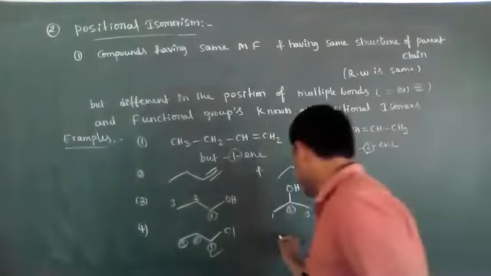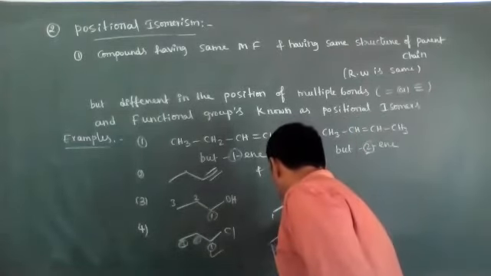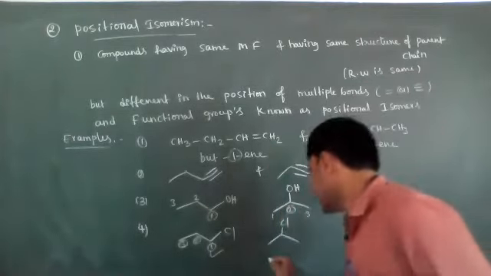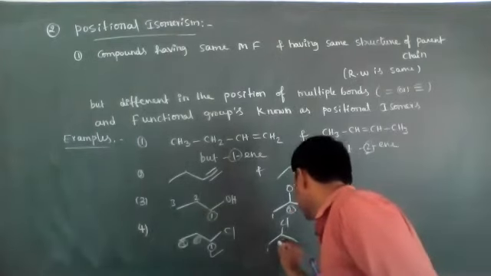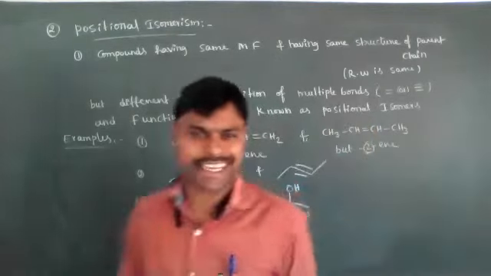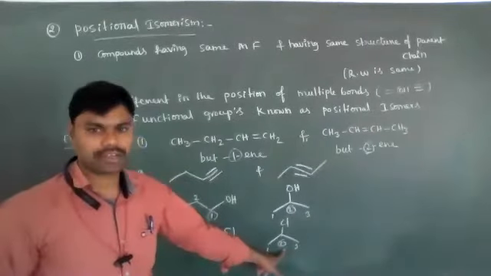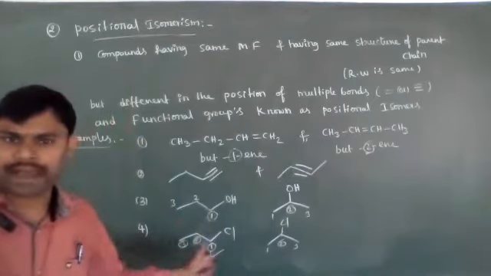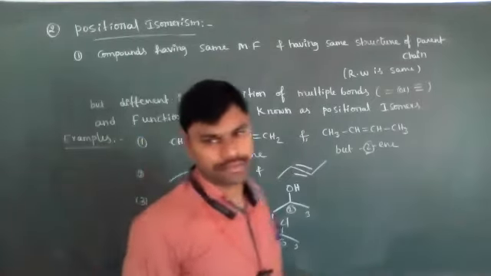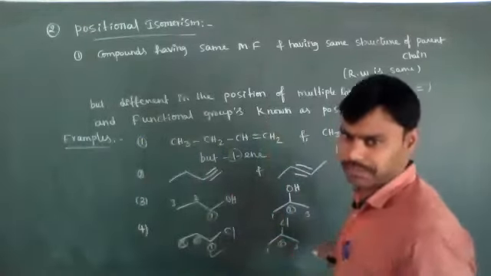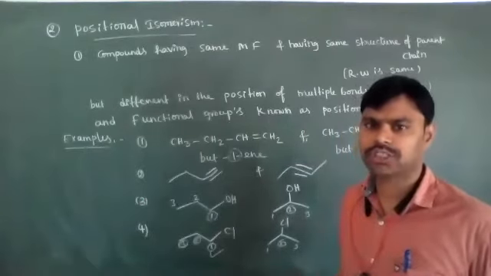Now in the same molecular formula, the halogen is attached to the second carbon. So the chlorine position is changed. In this compound the chlorine position is 1 and in this compound the chlorine position is 2. But both have the same molecular formula, and the root word is 3 carbons only. That's why these belong to positional isomers.